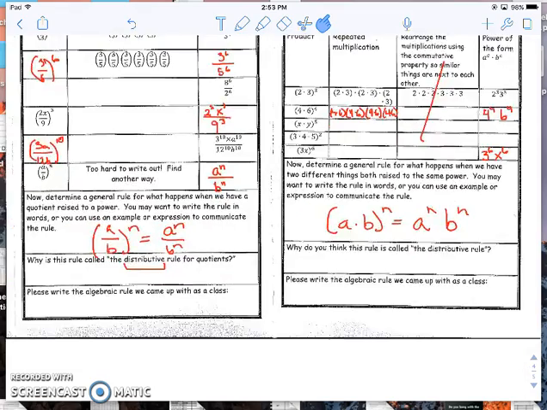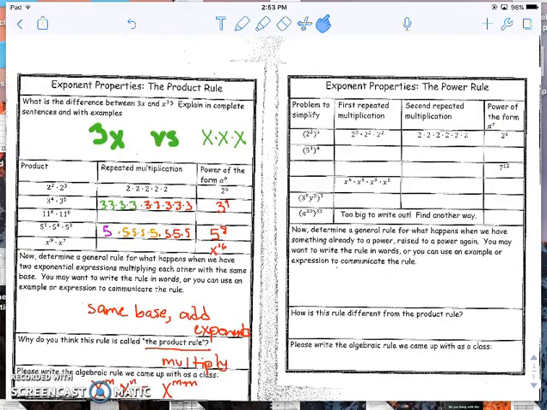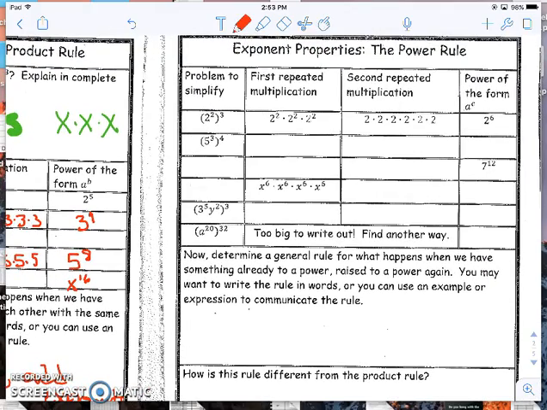So what ones haven't we done yet? The power rule. All right, 2 squared to the third, so we write it out 3 times. So that's 2 to the 6th.